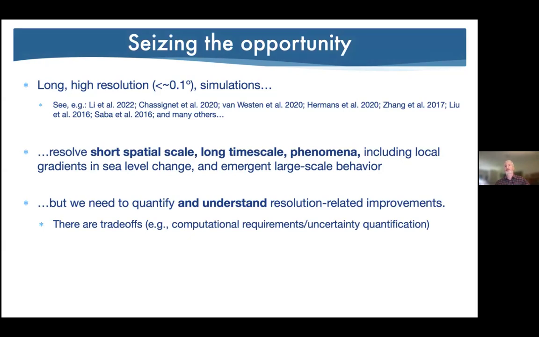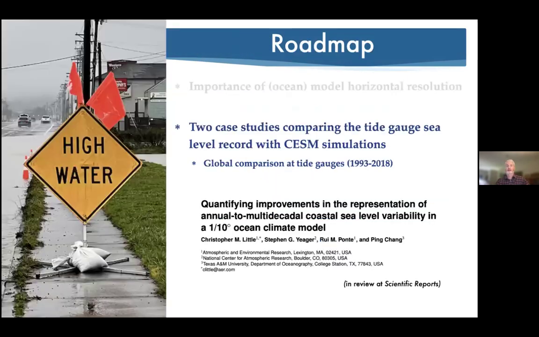Both in terms of really understanding those mechanisms, but also if we're going to incorporate these into forecast models or incorporate the lessons learned into coarse resolution models, we have this mechanistic background of what's going on. Okay, so that is the importance of doing these types of experiments, or analyzing these experiments, in order to understand what we get from high resolution.